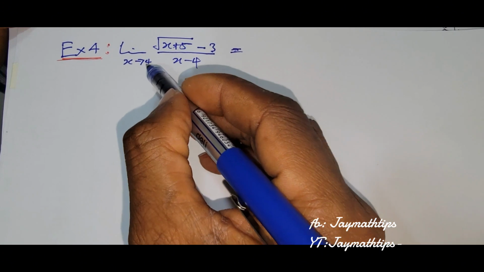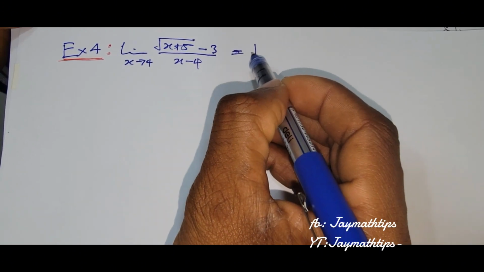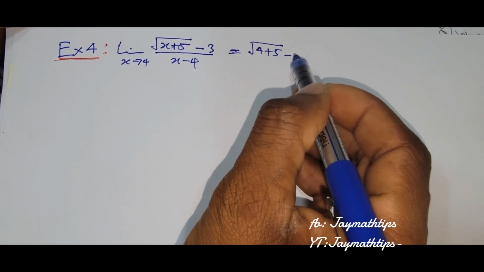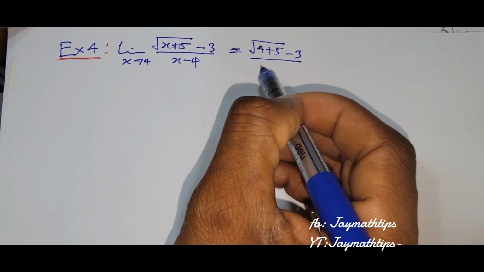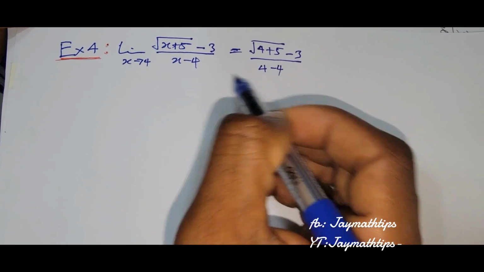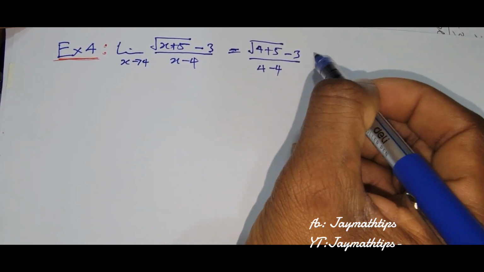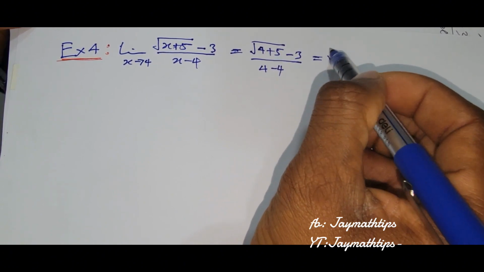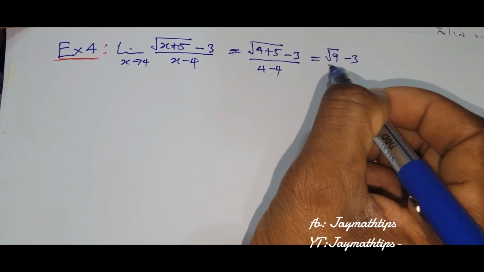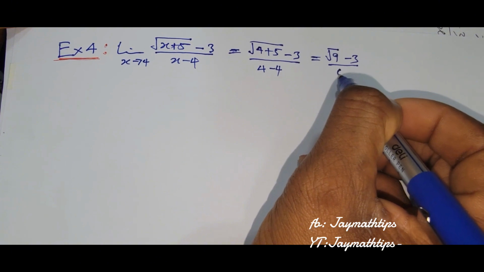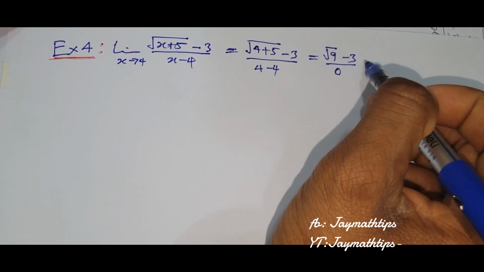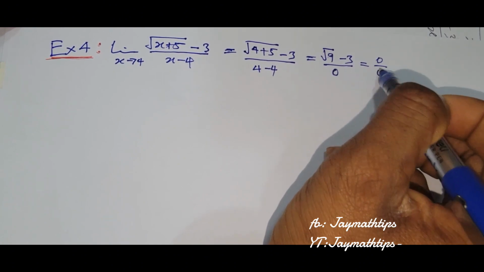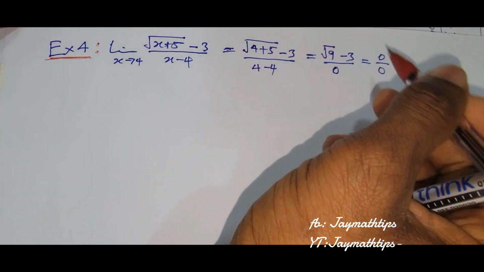When you do that, you have the square root of 4 plus 5 minus 3 divided by 4 minus 4. You have the square root of 9 minus 3 divided by 0, since 4 minus 4 is 0. The square root of 9 is 3, and 3 minus 3 is 0. The solution here does not exist.